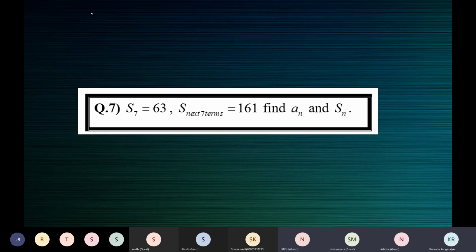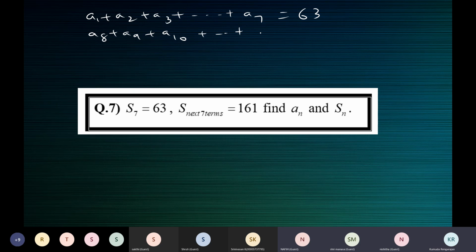What is S7? A1 plus A2 plus A3, like this till A7. This is 63. And what is the sum of the next 7 terms? That is A8 plus A9 plus A10, till A14, is equal to 161.